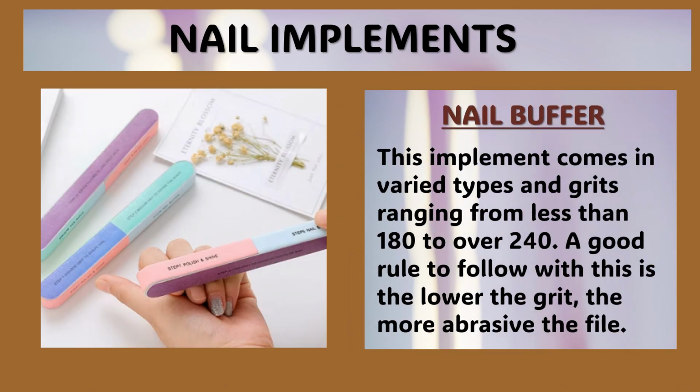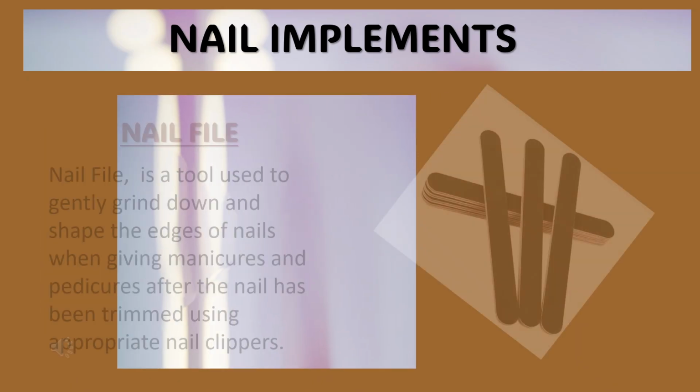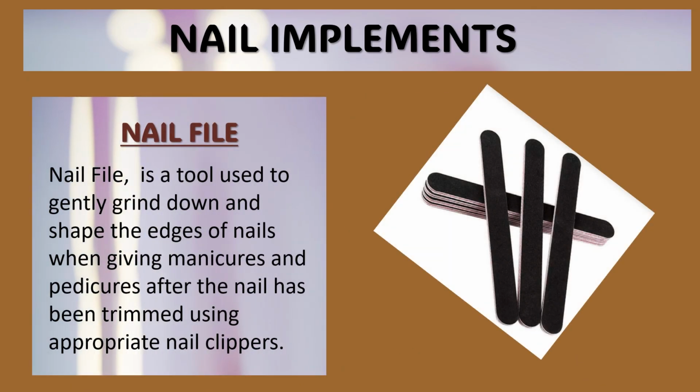Nail buffer. This implement comes in varied types and grits ranging from less than 180 to over 240. A good rule to follow with this is the lower the grit, the more abrasive the file. Nail file is a tool used to gently grind down and shape the edges of nails when giving manicures and pedicures, after the nail has been trimmed using appropriate nail clippers.